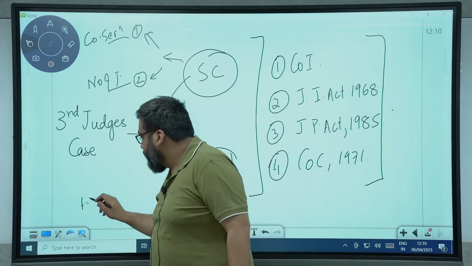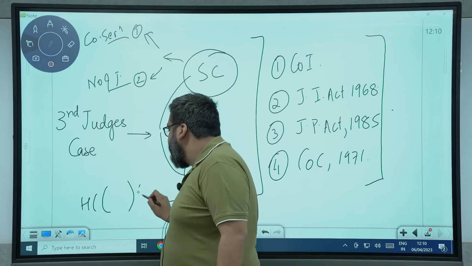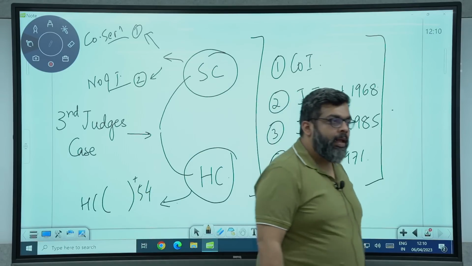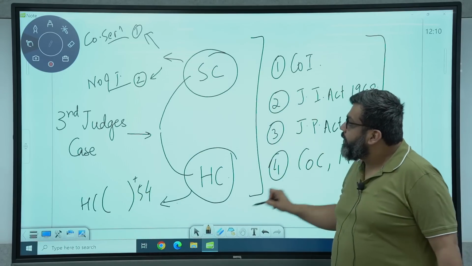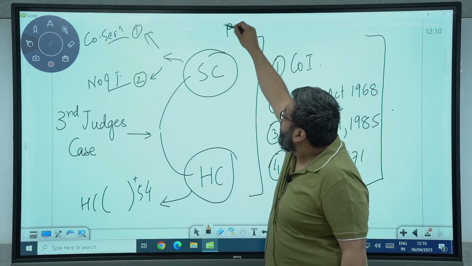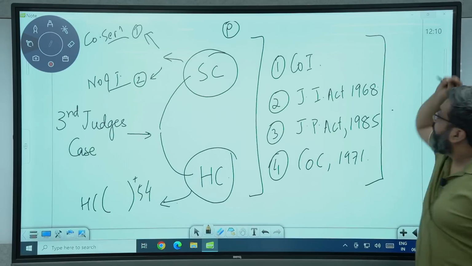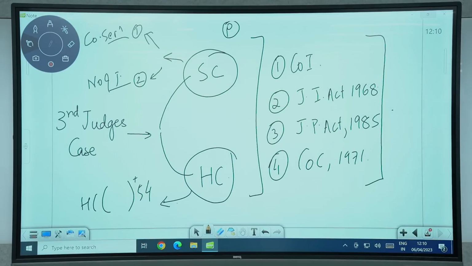The High Court Judges Conditions of Service Act 1954. All of these laws can only and only be made by the Parliament. ठीक है? Clear on this? ये तो सिर्फ कानून हुए.